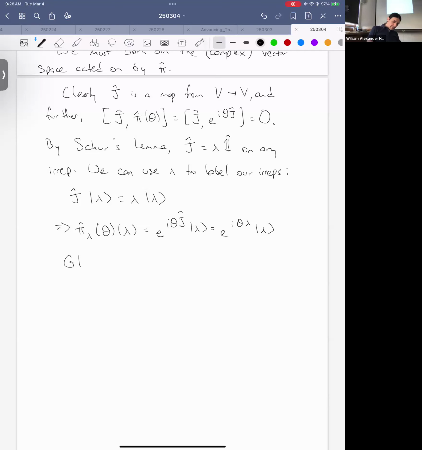So globally, our Lie group manifold is a circle. I.e. rotation by theta and theta plus 2 pi must be the same in the group of transformations.